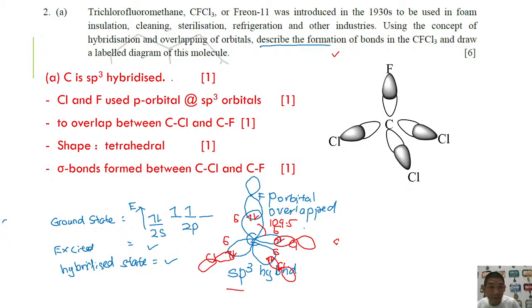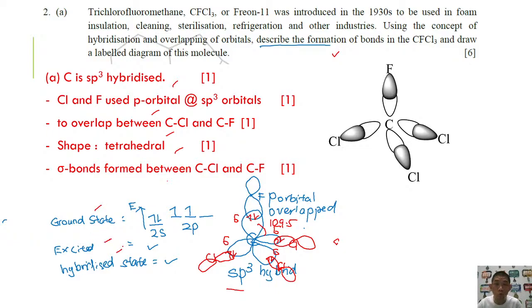You must say that C is sp3 hybridized, Cl and F use p orbitals to overlap, forming the C-Cl and C-F bonds, where the shape is tetrahedral and the bonds are sigma bonds. Sigma here you can also label, no problem. Once you do this, it is already full marks for explaining the hybridization. As I told you, don't bother whether the ground state, excited state or hybridized state has marks or not.